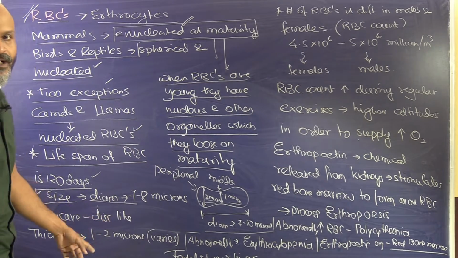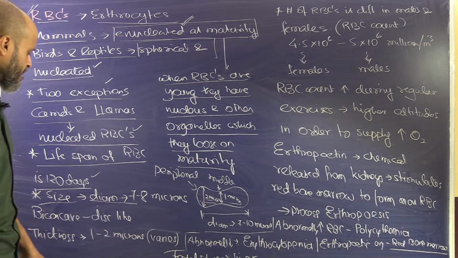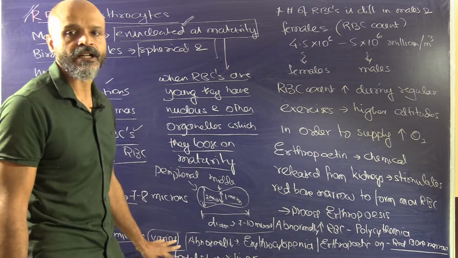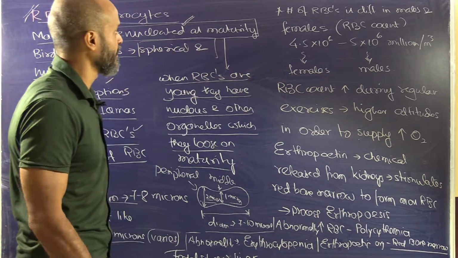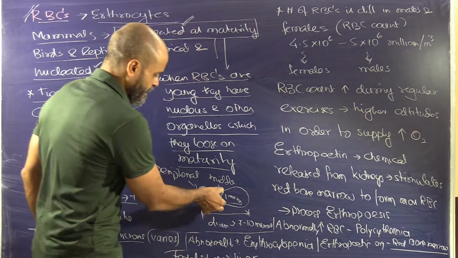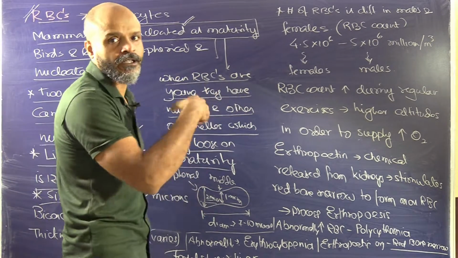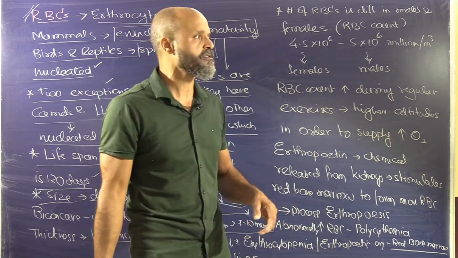So it is biconcave and disc-like. The thickness is approximately 1 to 2 microns, and it varies. As we see, in the middle portion it becomes thinner, and in the peripheral portion it becomes thicker.